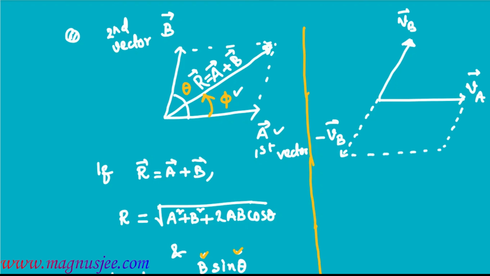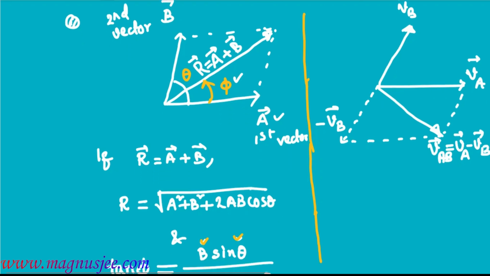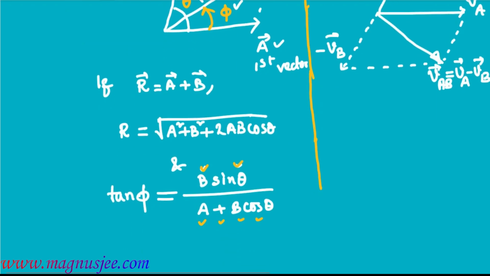Now we add vector VA and minus vector VB, and the resultant will be acting along this diagonal, which is vector VAB. Vector VAB equals vector VA minus vector VB. We get vector R due to addition of vector A and vector B, and we get vector VAB due to subtraction of vector A and vector B.